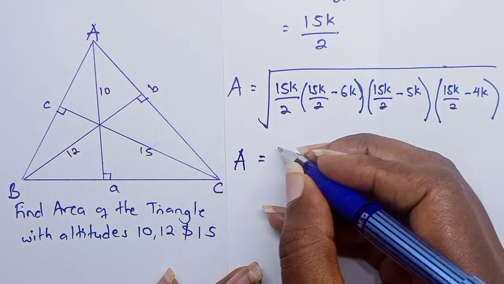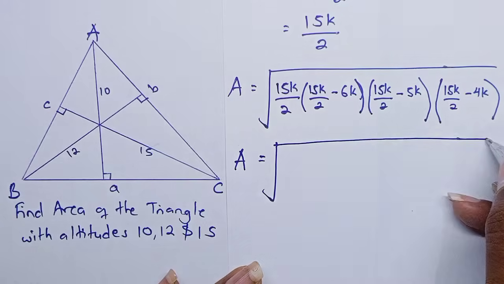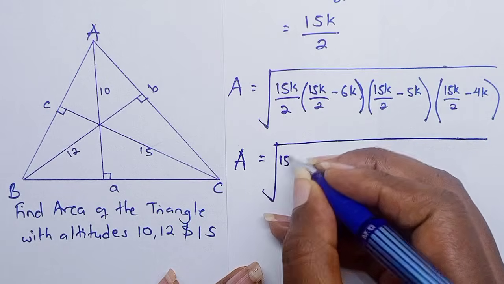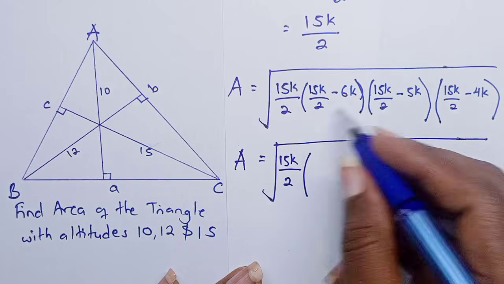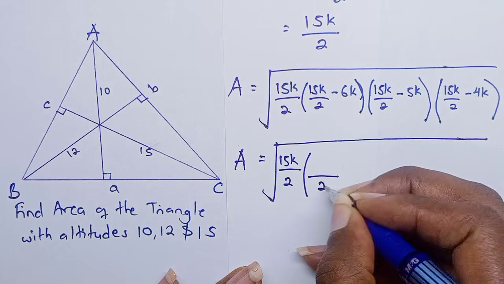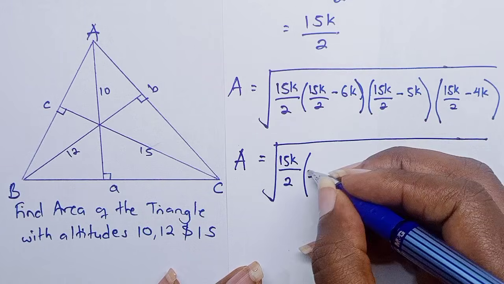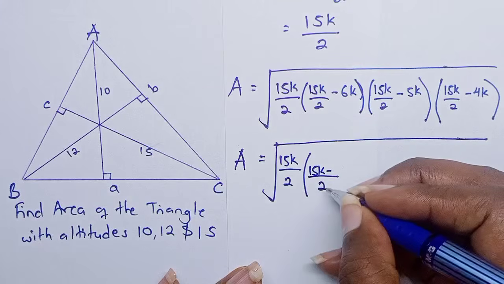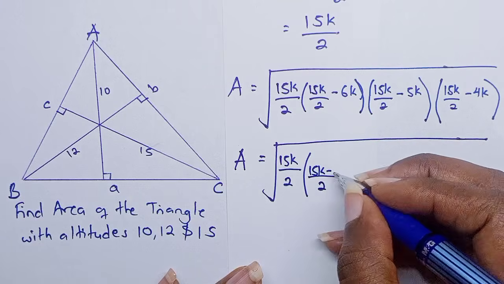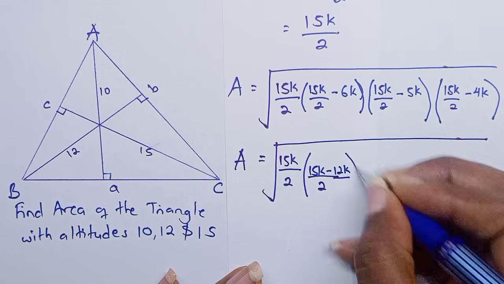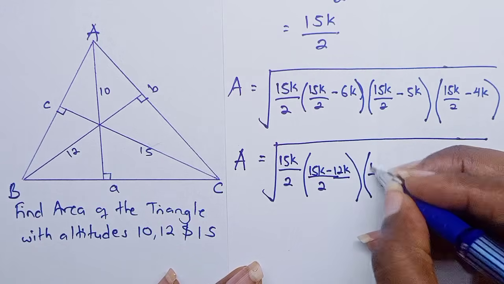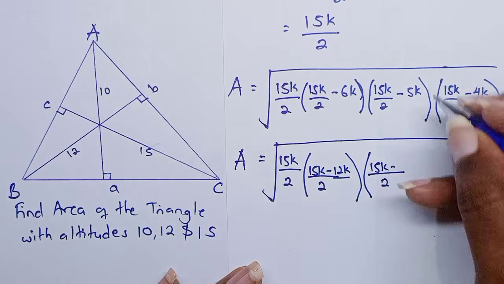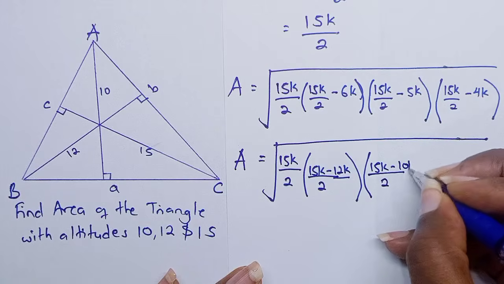Therefore, the area is equal to 15K over 2 times, here the LCM is 2, so we have 15K minus 2 times 6, which is 12K, over 2. Then, over 2, this remains 15K minus 2 times 5, which is 10K.